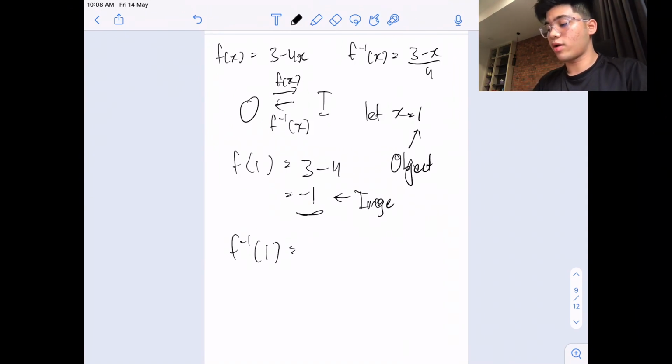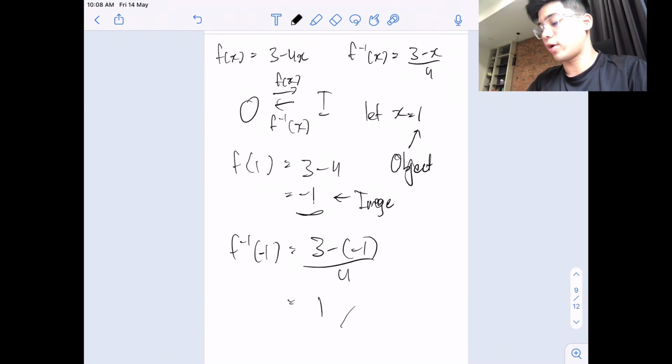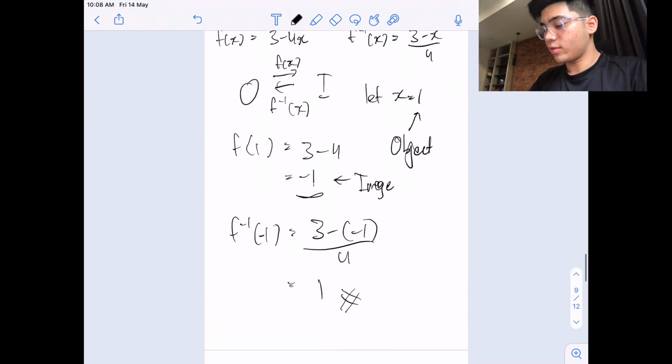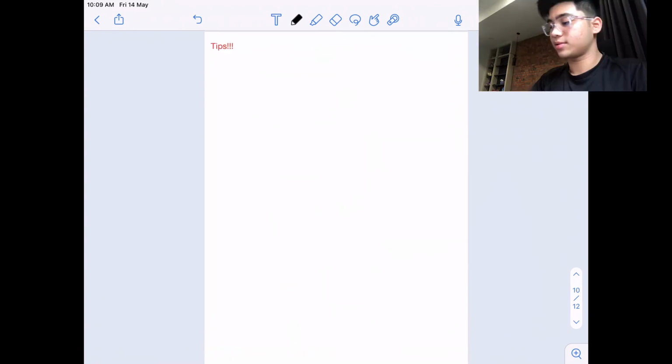So let's try that out. The inverse function of negative 1 becomes 3 minus negative 1 over 4. It's the same thing as 4 over 4, so it's 1. Therefore, we've proven that our inverse function is correct.